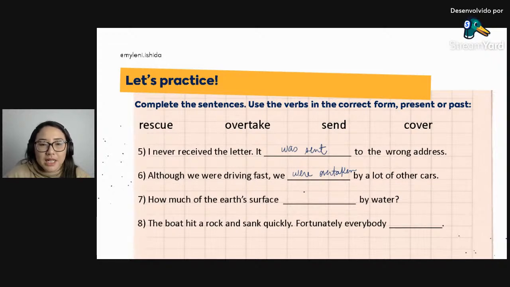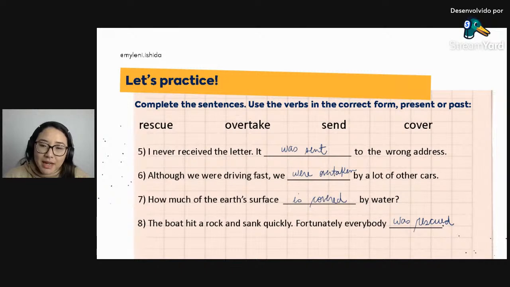Teacher, what does overtake mean? Ultrapassar. Okay? Nós fomos ultrapassados. How much of the Earth's surface is covered by water? The boat hit a rock and sank quickly. Fortunately, everybody was rescued. Good job.